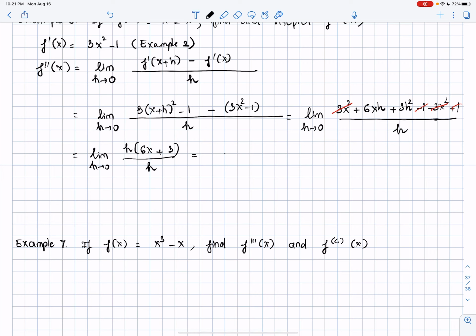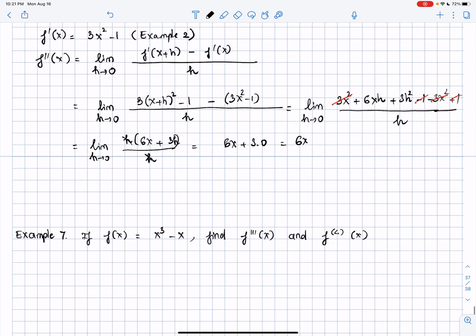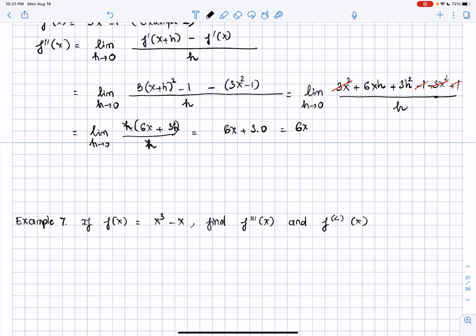Then we plug in h equals 0, so it's 6x plus 3 times 0, and the answer is 6x. So f double prime of x is 6x, and what do we see about this? This is a line, a linear equation.